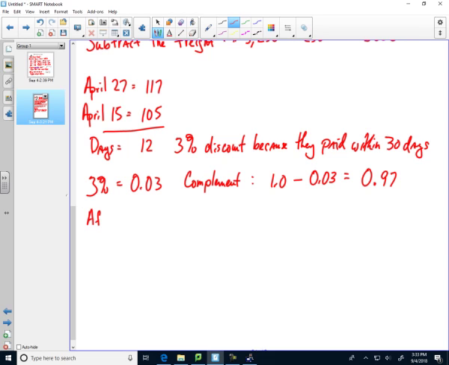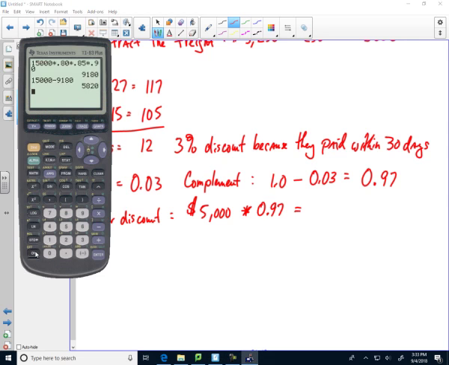So, after discount, $5,000 times 0.97, calculator. Clear? And so, $48.50.